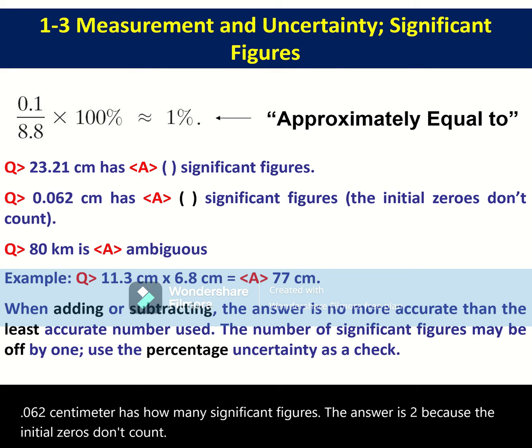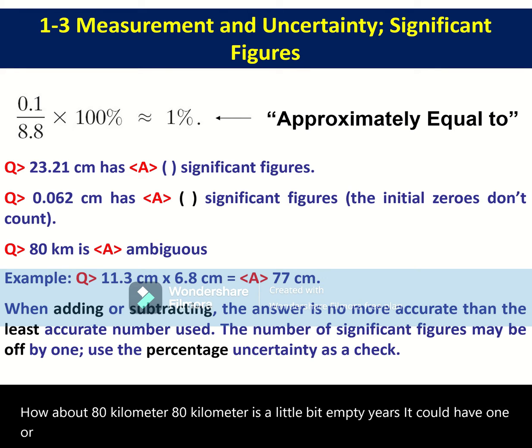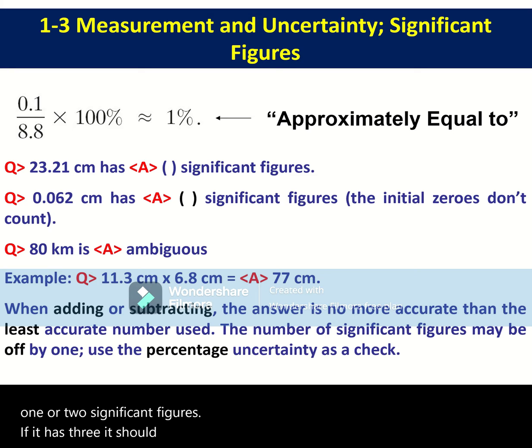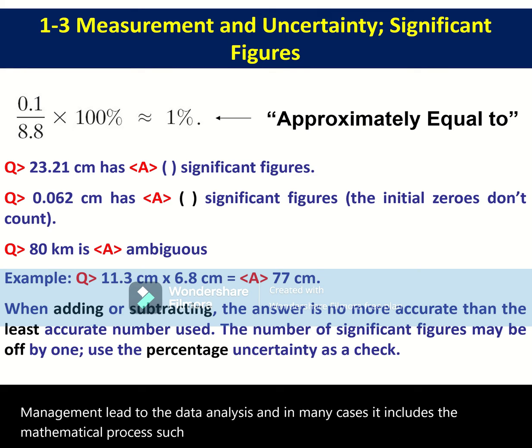How about 80 kilometers? 80 kilometers is a little bit ambiguous. It could have 1 or 2 significant figures. If it has 3, it should be written 80.0 kilometers. Measurement leads to data analysis, which in many cases includes mathematical processes such as multiplying, dividing, adding, and subtracting.